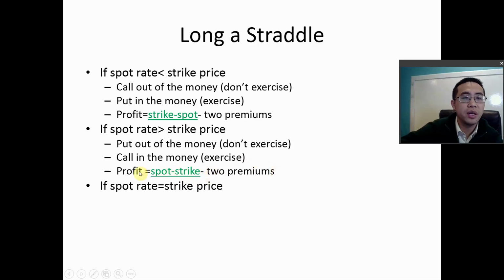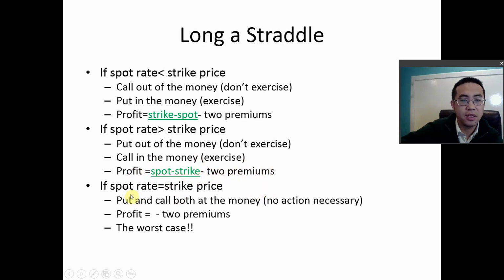So in this case, your profit is not necessarily above zero, but definitely higher than negative 2 premiums, just because the spot minus strike is positive. And if the spot rate equals the strike, both options are at the money, so no action is necessary, and your profit would just be the negative 2 premiums.